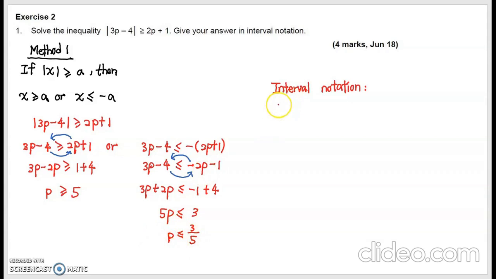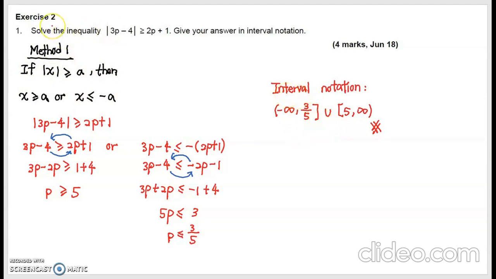So the first part will be negative infinity until 3 over 5, and 3 over 5 is included. Union, p is greater than or equals to 5, so 5 is included. So 5 until infinity. This is method number 1 by using this theorem, and this is the answer.